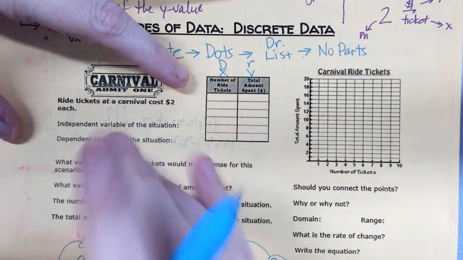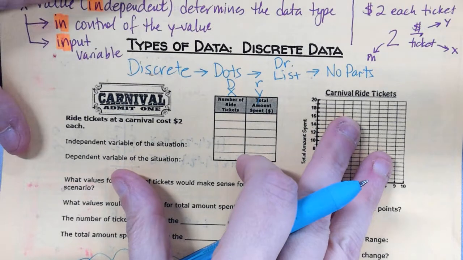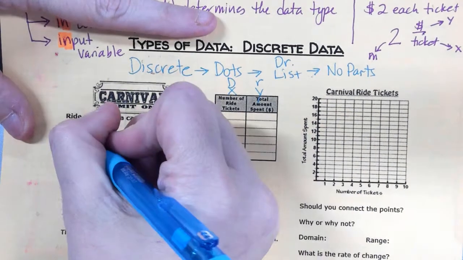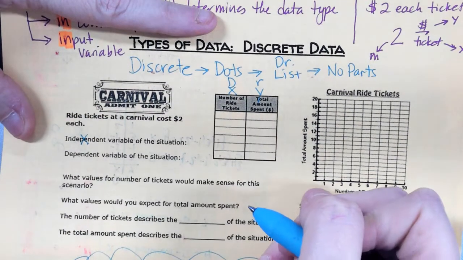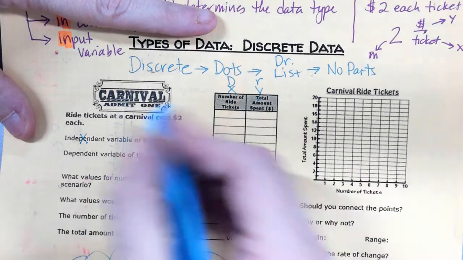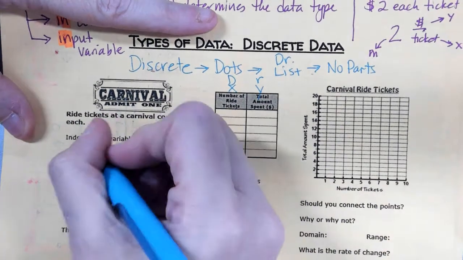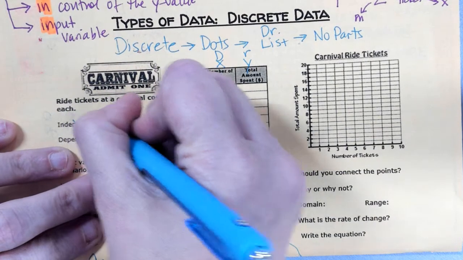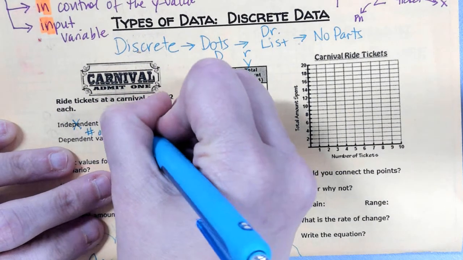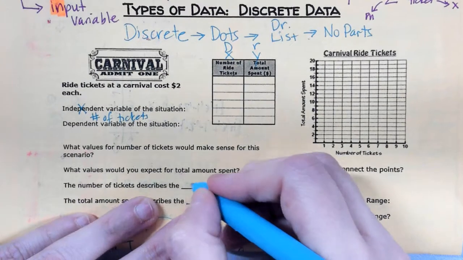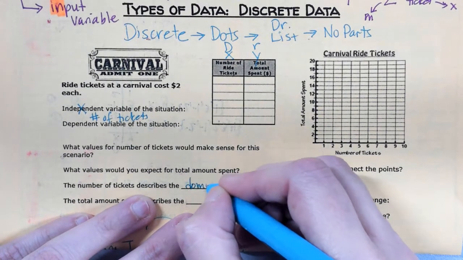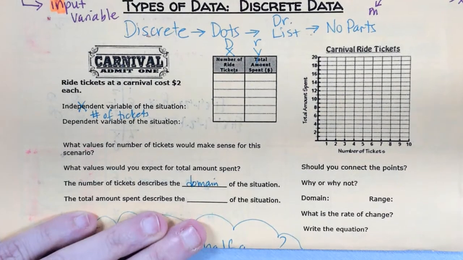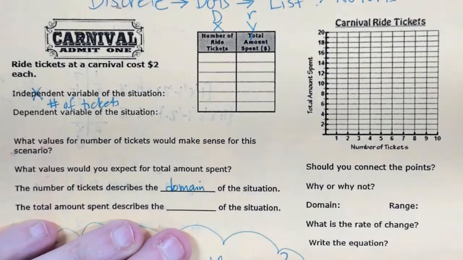So my independent variable, what is the independent variable? It's x. And what does x represent? Domain, but it's my number of tickets, right? And down here, the number of tickets describes the domain. Okay, you're 100% correct about that.